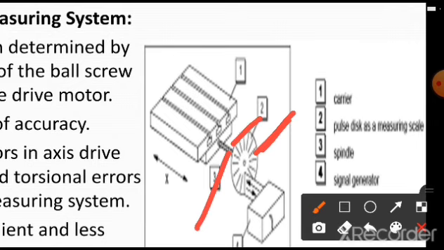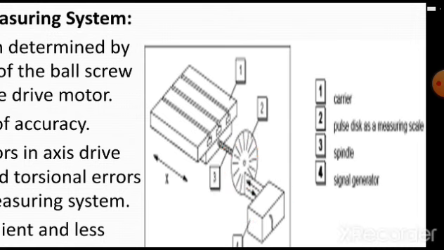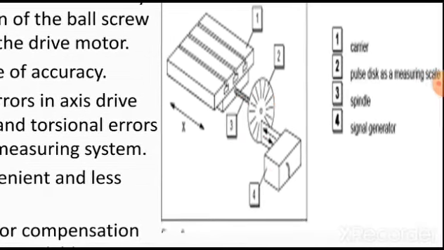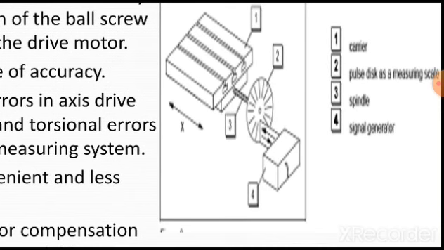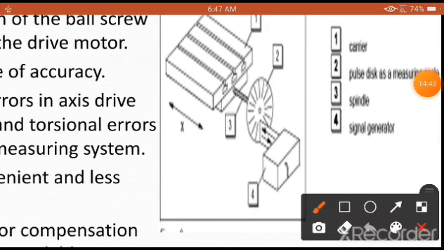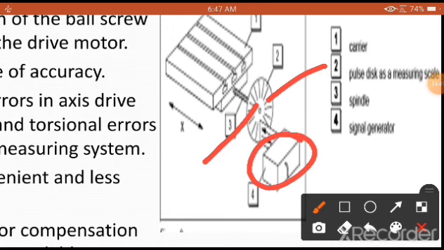Finally, what we are going to do here is mount one encoder, and part number 1 is called a carrier. Actually the carrier is nothing but a photo sensor. As we have already discussed in the mechatronics subject, these encoders have slots. On one side you have a continuous source of light, and on the other side you have a pickup to sense the movement.